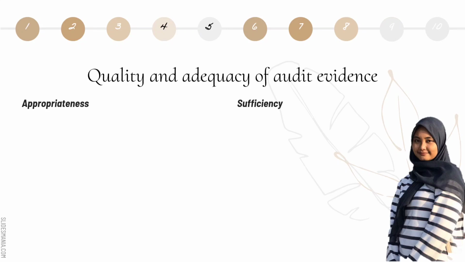It also includes independence of the provider, effectiveness of the client's internal control, auditor's direct knowledge, qualification of individuals providing information, degree of objectivity, and timeliness. Timeliness refers either to when the evidence was accumulated or to the period covered by the audit.